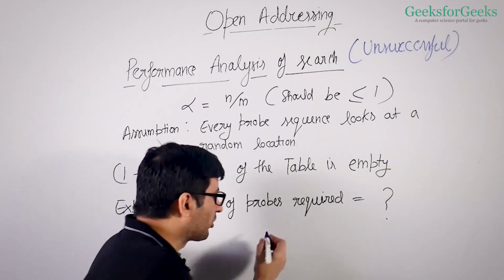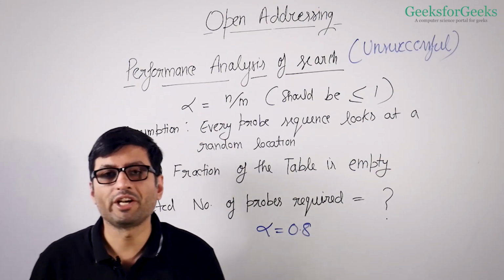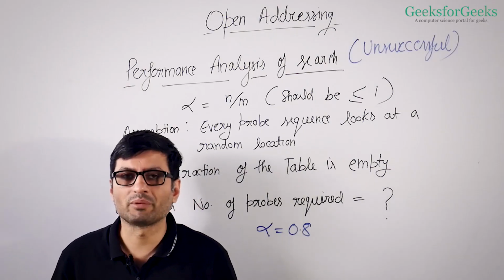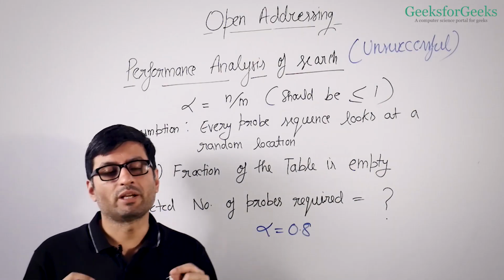Now say alpha is 0.8, which means 80% of your table is occupied and 20% of your table is free. 20% of your slots are empty slots.